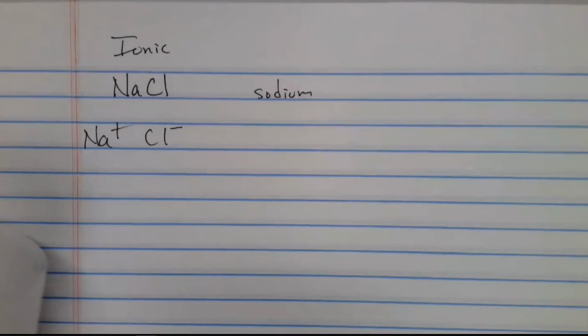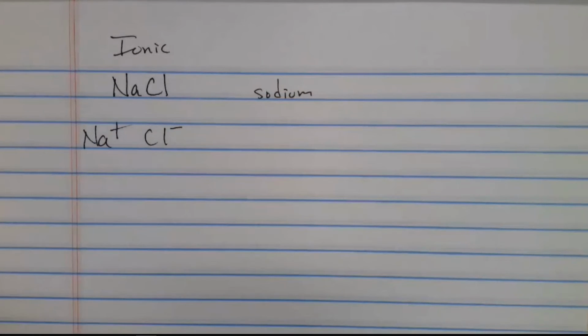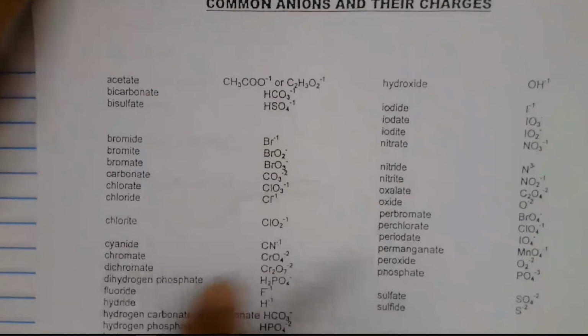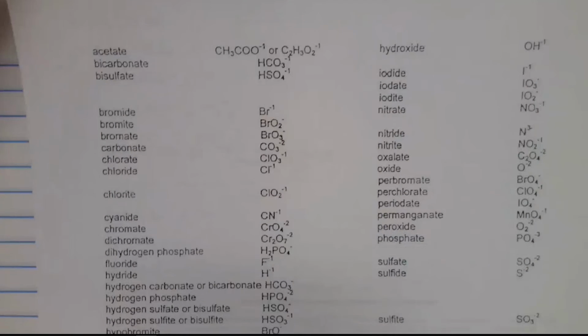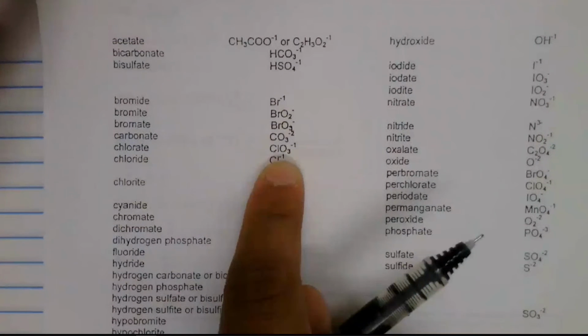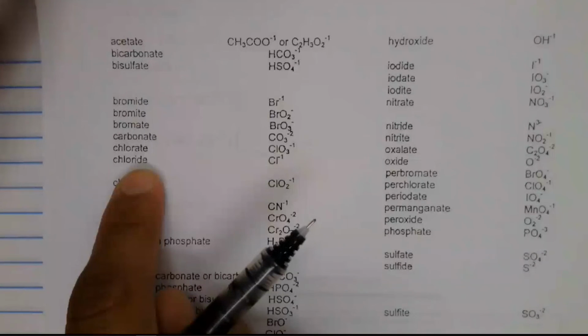So this is a really important take-home message. On your charts, so I'm looking at my references right here. So everyone's going to have this. Make sure you print this out for your quiz and exam. There's Cl minus. Notice the suffix change. So for anions, this is not a chlorine anymore.